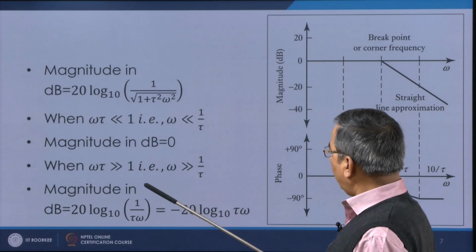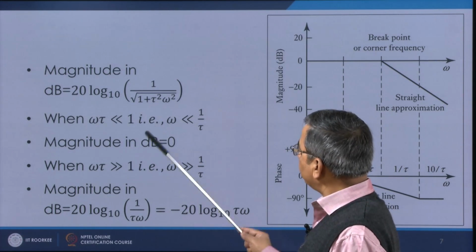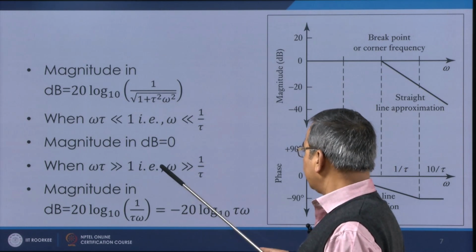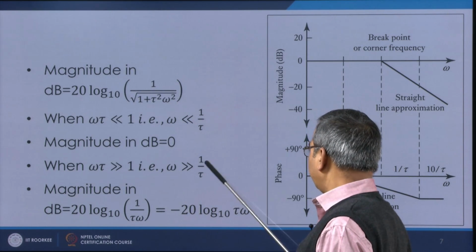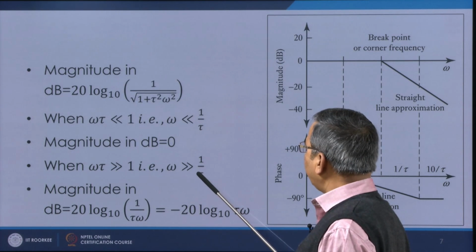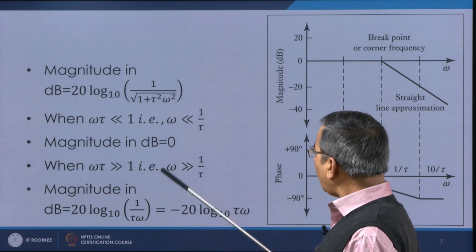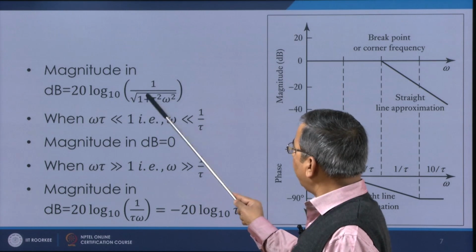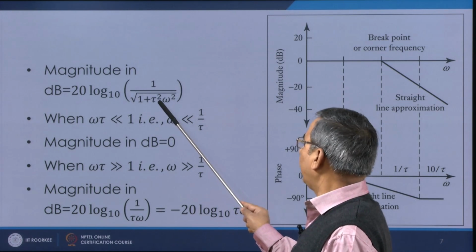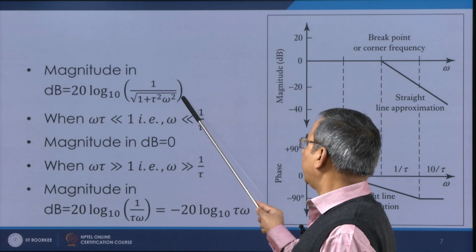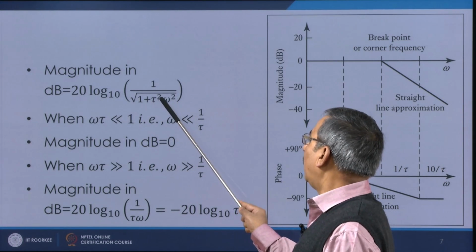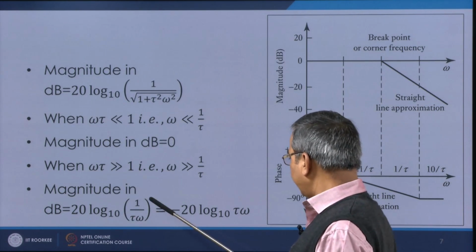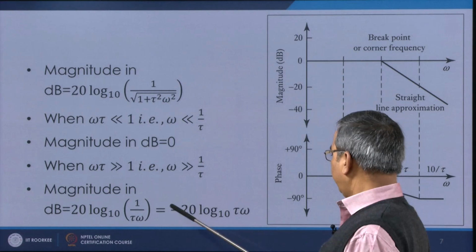Okay. Now, there can be another case when omega tau is very much greater than 1, or say omega is very much greater than 1 by tau. In that case, I can neglect the 1. So, what I will have is 1 by root of tau square omega square, which is 1 by tau omega, which I can write as minus 20 log 10 tau omega.